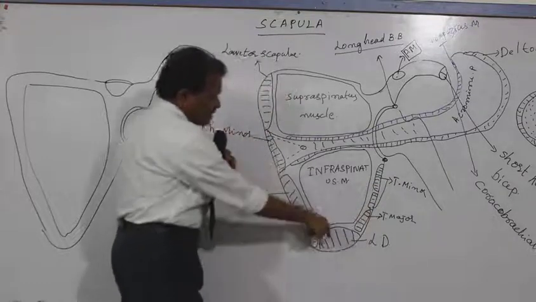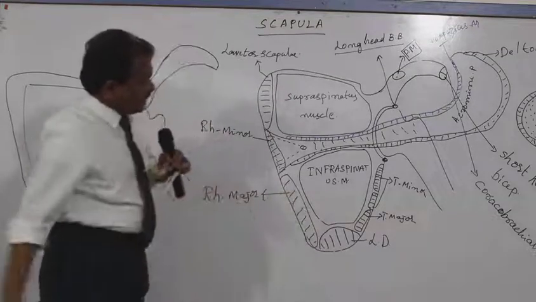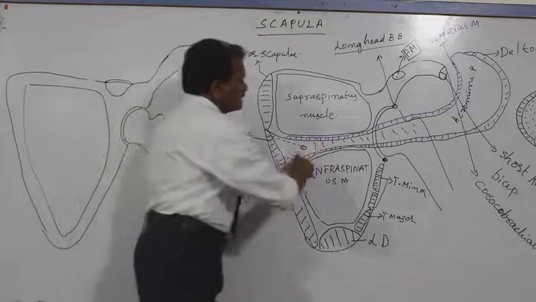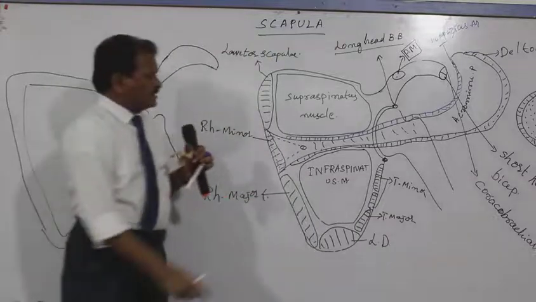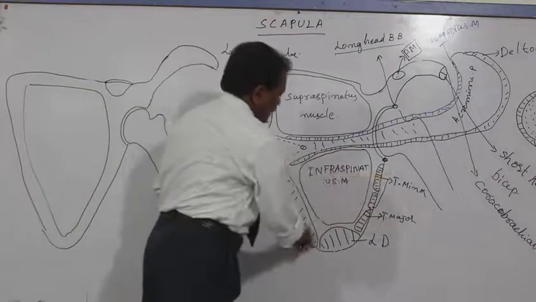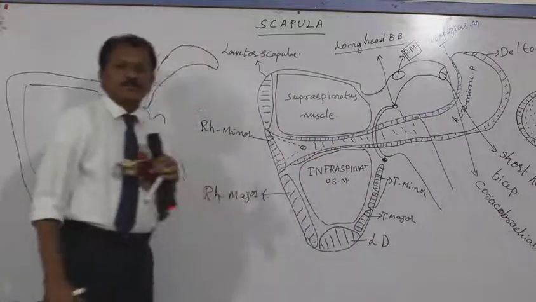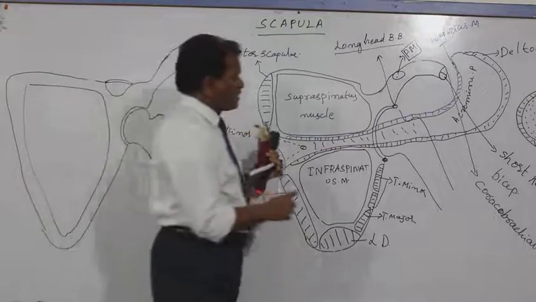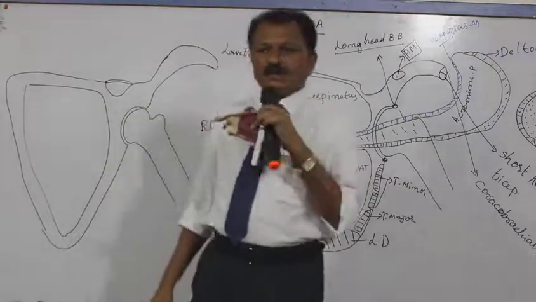Inferiorly there is latissimus dorsi, medially there is rhomboid major, and superiorly there is the origin of the deltoid muscle. These are located around the infraspinatus muscle origin. And this is about the attachments on the dorsal surface of the scapula.